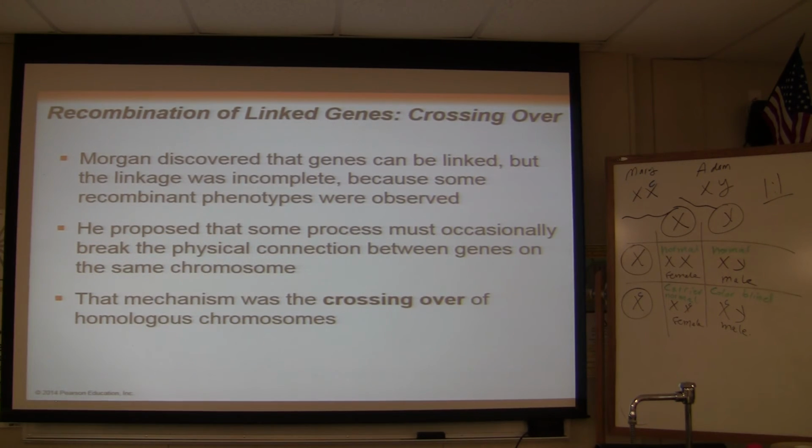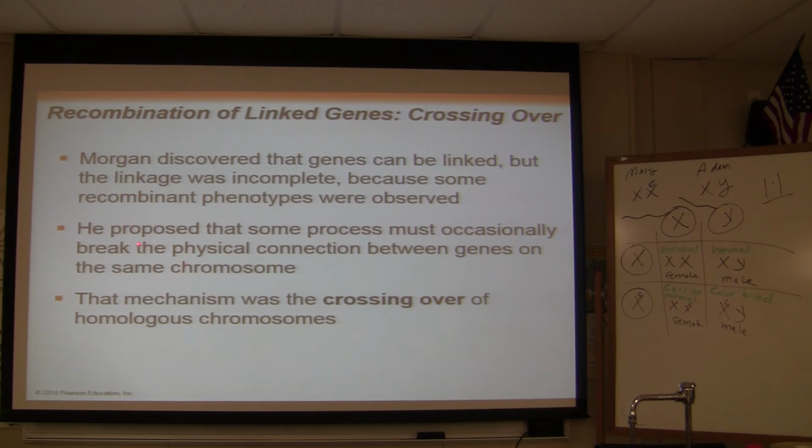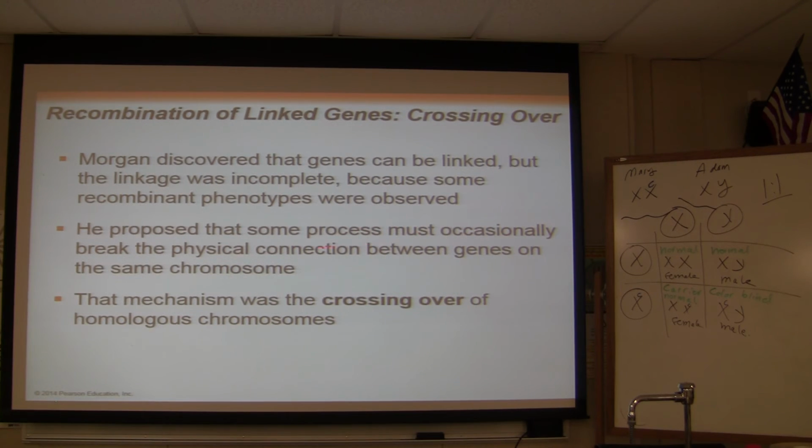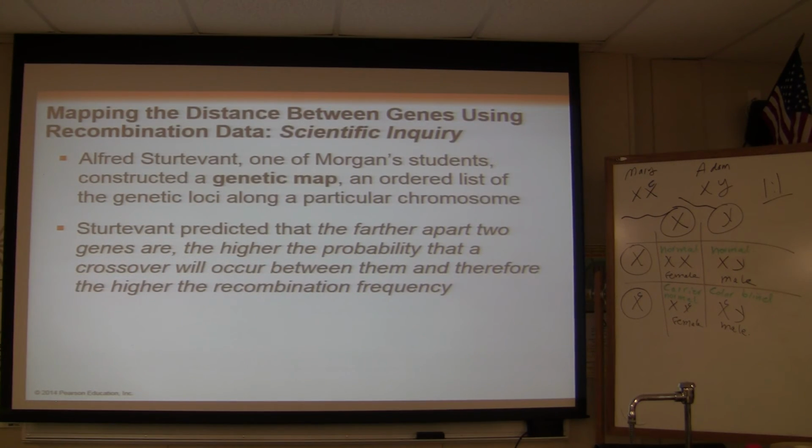Morgan discovered that genes can be linked, but the linkage was incomplete because some recombinant phenotypes were observed. He proposed that some process must occasionally break the physical connection between the genes of the same chromosome. That mechanism was crossing over of homologous chromosomes, which we talked about.